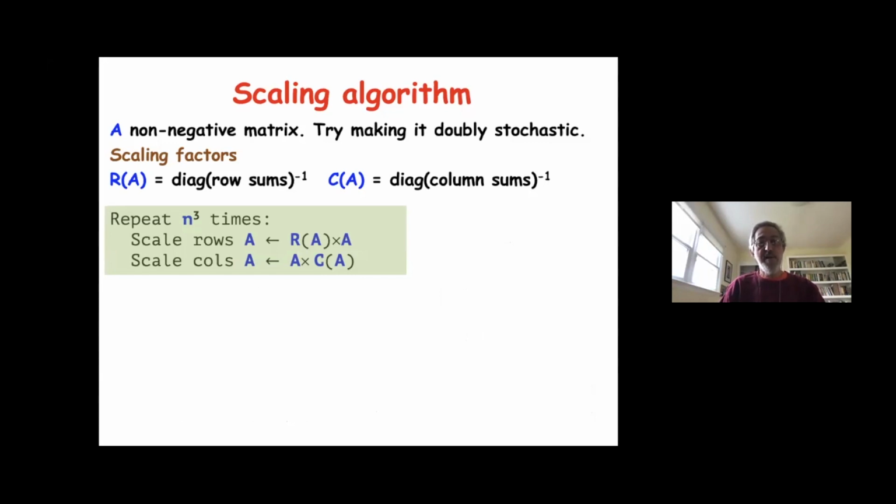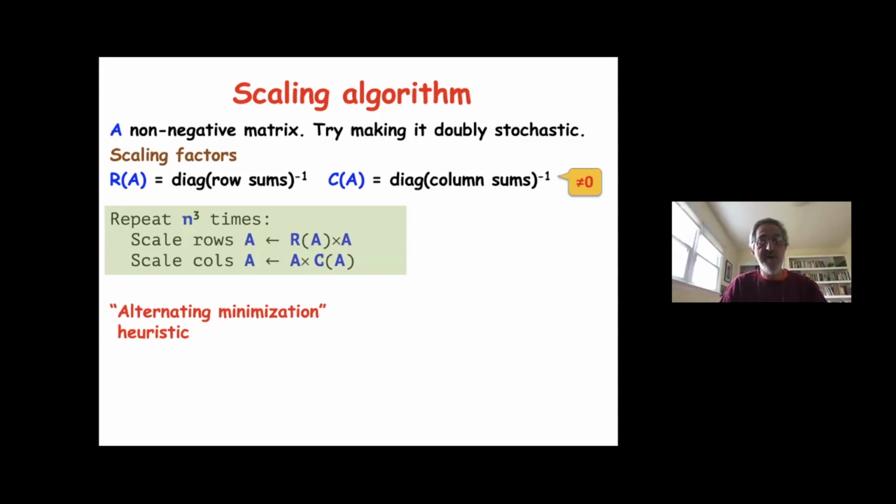If R(A) is the diagonal matrix of the inverse row sums, multiplying by this matrix scales the rows, and similarly with the columns, and we just alternate them. Just alternately scale the rows, scale the columns. If any of the sums are zero, we know it's impossible. And this is really the alternate minimization algorithm.